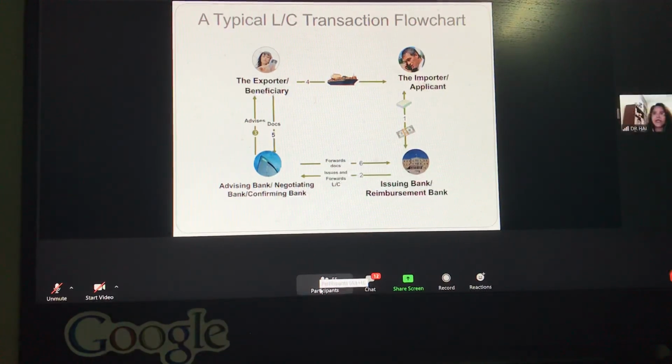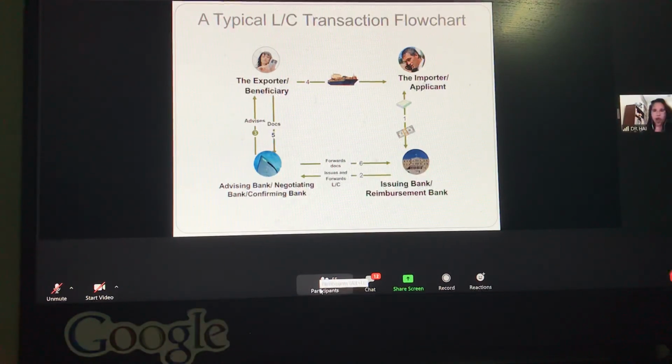Okay, so now next, try your best. When does the nominated bank become the negotiating bank? I explained before. And I agree, look at the example.